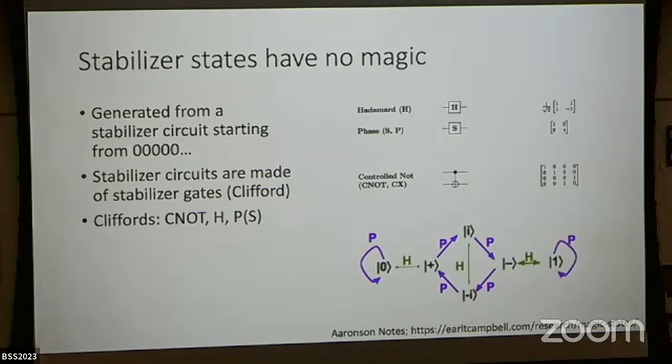And you can convince yourself with a single qubit that if you start in 0 and you apply either of these single qubit gates, there are only these 6 states that you can access using these Clifford gates. And so you're only getting access to a restricted part of the Hilbert space.